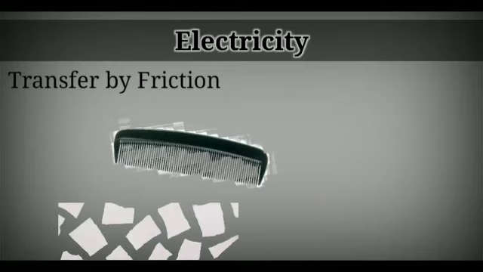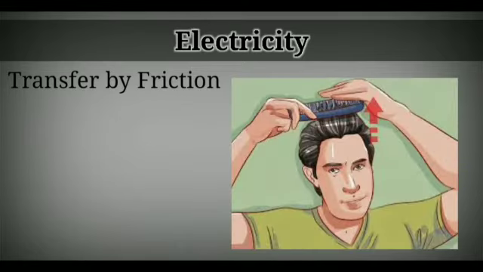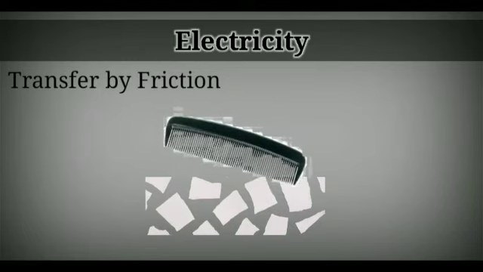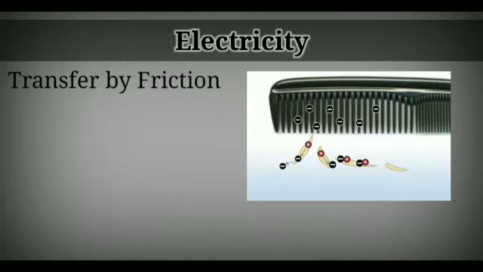No. Now, comb your dry hair and place the comb near the pieces of paper. Now, the paper pieces are attracted by the comb. The comb rubbed with hair gains electrons from the hair and becomes negatively charged.